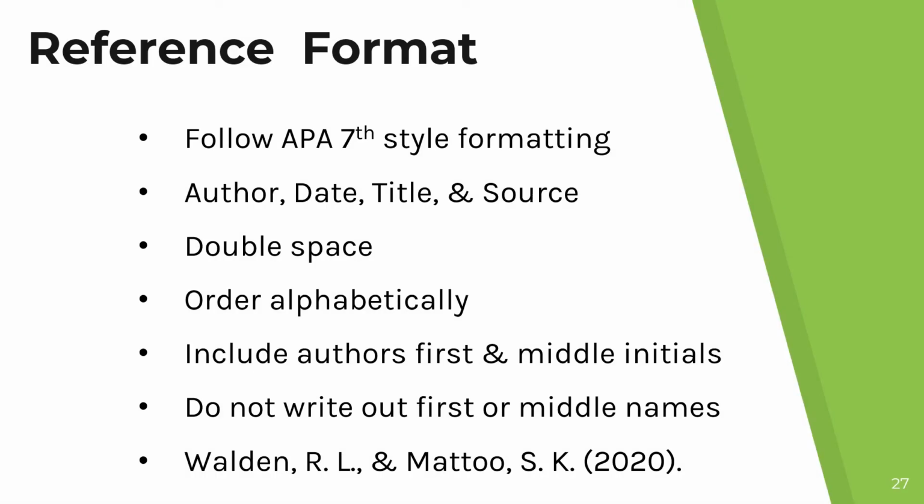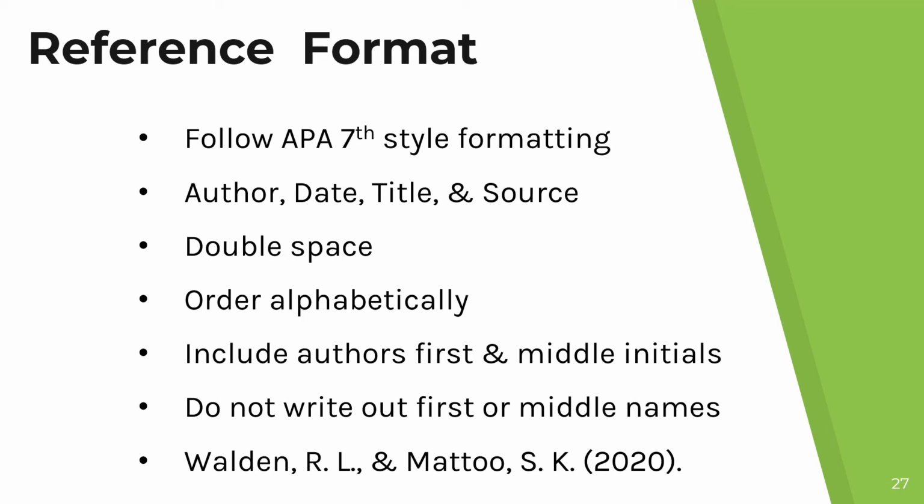Format references following the APA 7th style guidelines. Have all required elements: author, date, title, and source. Double-space the reference list. Order the references alphabetically by first letter of the author's last name. Include the author's first and middle initials if they have them. Do not write out first or middle names.